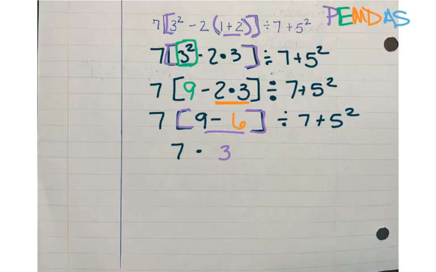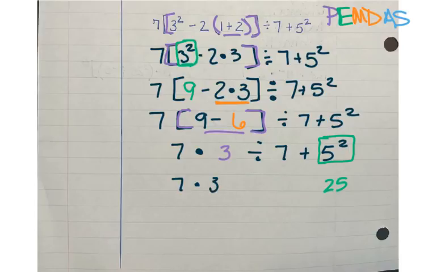So I've got 7 times 3 divided by 7 plus 5 squared. So now I'm moving on to exponents, because I have this exponent way over here. So 5 squared means 5 times 5, which is 25. And then bring everything else down.